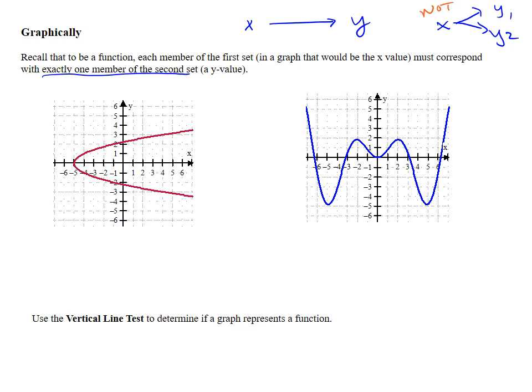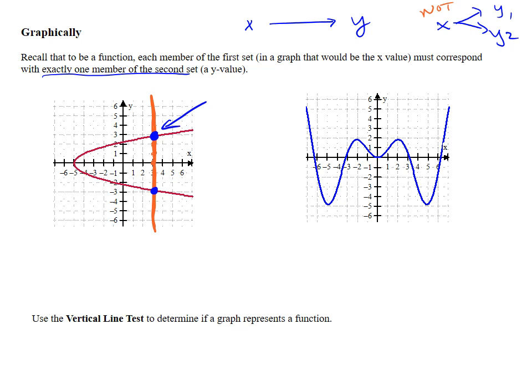Well, an x value in a graph is going to relate to a vertical line. The reason for that is that an x value relates to an x on the x-axis. So like x equals 3 is here, but x is also 3 here and all the way up and down this vertical line. So one of the things we can look at when we're trying to see if an x value corresponds to more than one point is we can look to see in any vertical line, will the graph that we're examining in terms of the relationship cross in more than one spot.